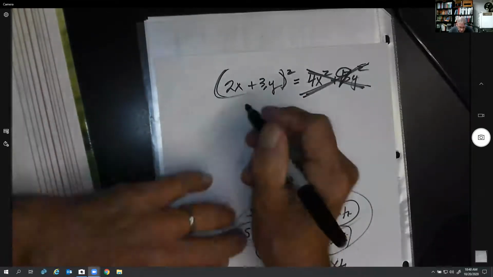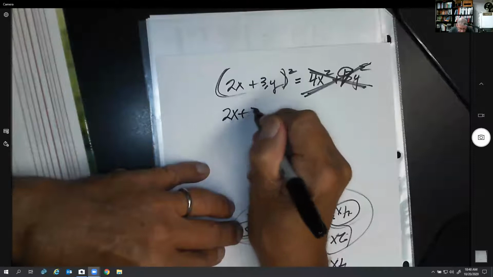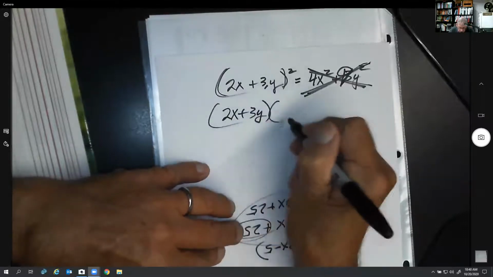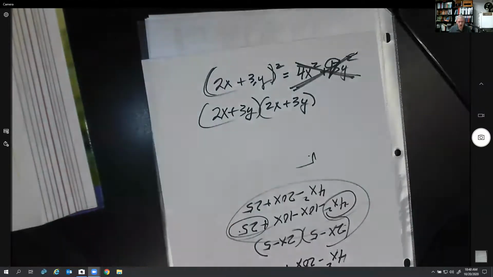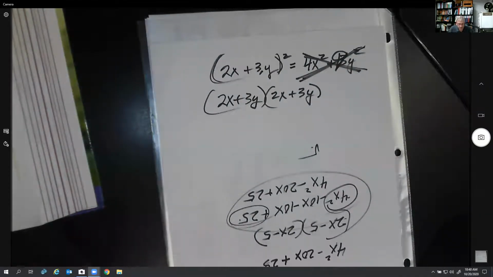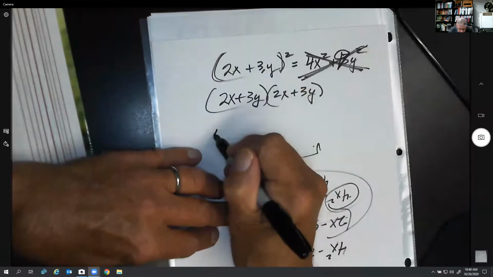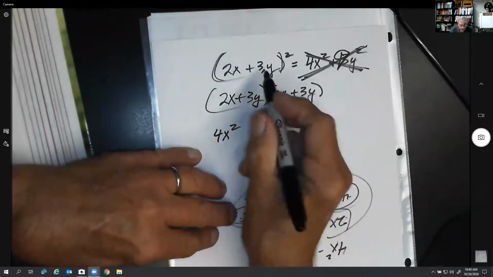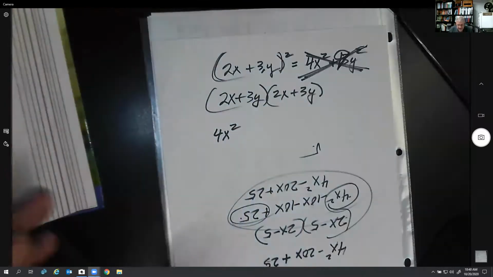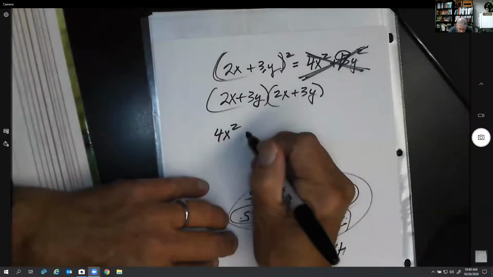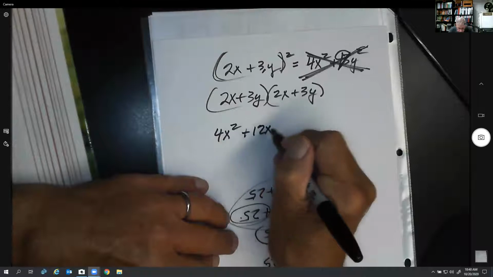You have to either write down the problem twice, because there's 2 of these parentheses, or you have to do the shortcut. Square, multiply these together, 2x times 3y, that would be 6xy, double it, 12xy.